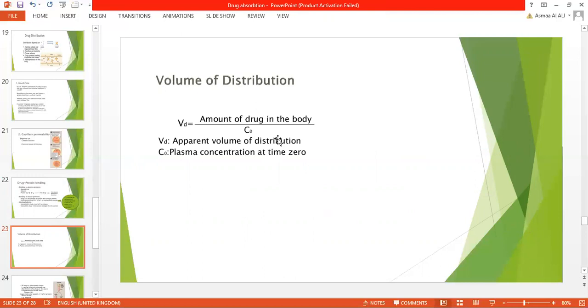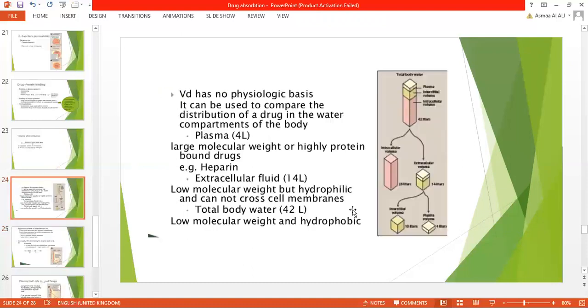It is calculated by dividing the dose that ultimately gets into the systemic circulation by the plasma concentration at time 0. Although volume of distribution has no physiologic or physical basis, it can be useful to compare the distribution of a drug with the volume of the water compartment in the body.